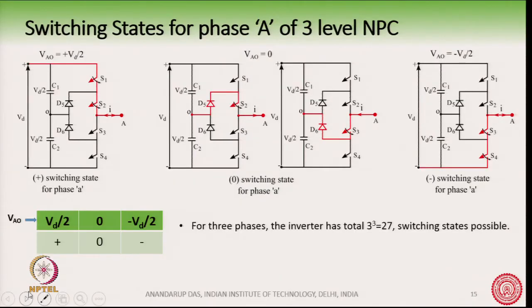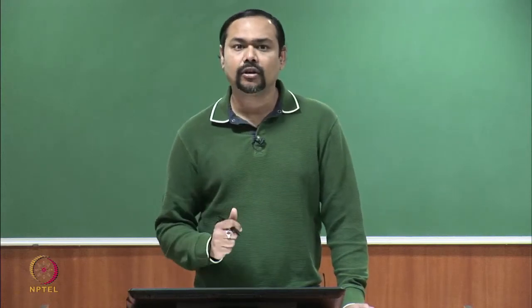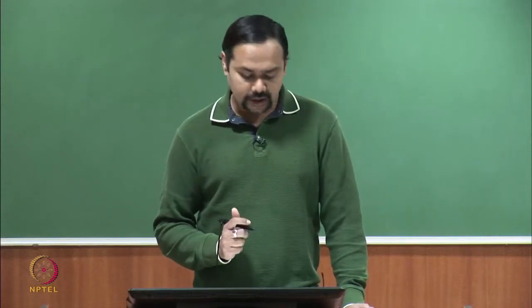First, in a 3-level neutral point clamp converter, the pole voltage has 3 possibilities of the voltage, not 3 switching states. The pole voltage has 3 possible levels of output voltage.